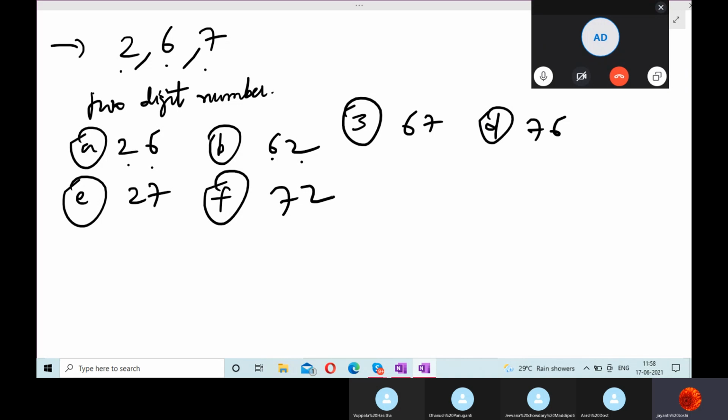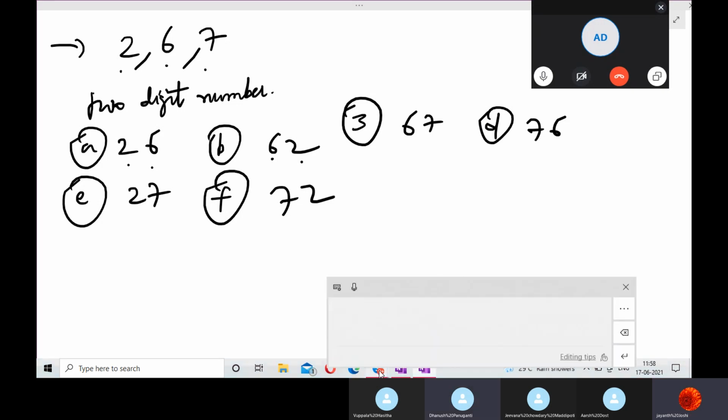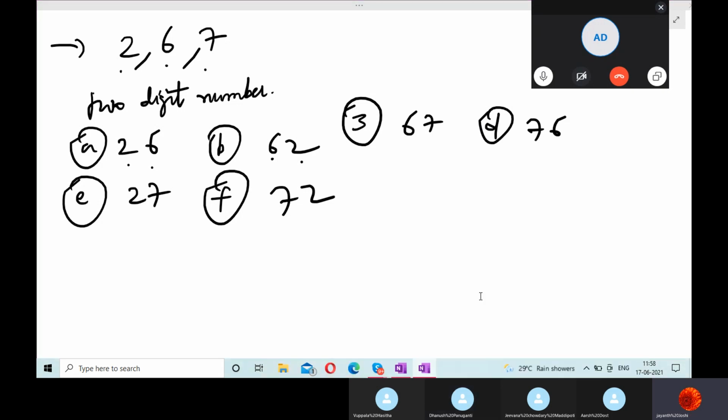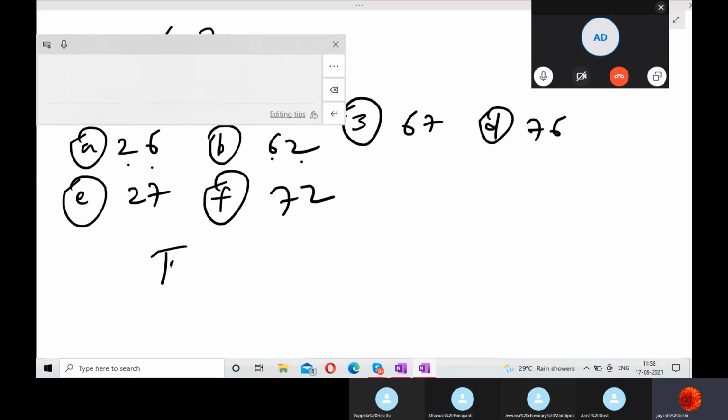Can you make any other arrangement apart from this? Please tell me, all of you. No, sir. Is there any possibility? No. So, sir, how many arrangements can you make? 6.